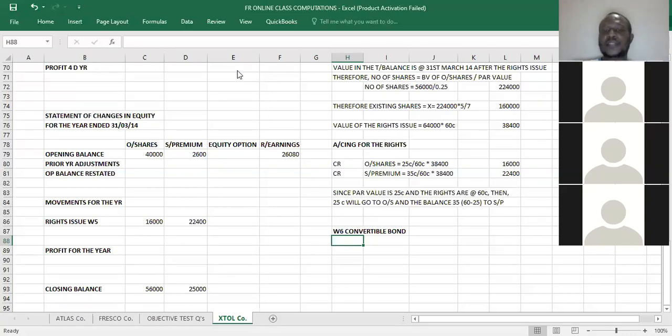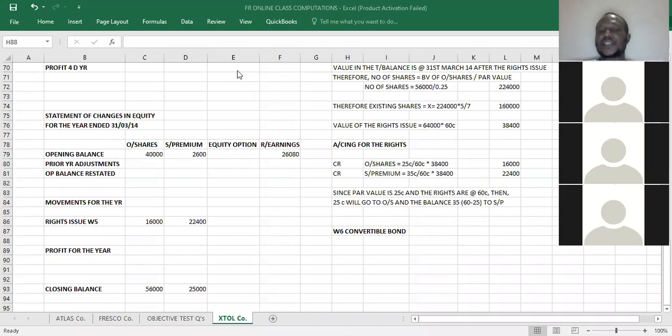Now IAS 32 requires that once a company issues convertible bonds, whether or not it is likely that the bondholders will collect cash or collect shares, there is an accounting treatment for it. There's a way IAS 32 prescribes that we recognize convertible bonds, and it is quite simple.